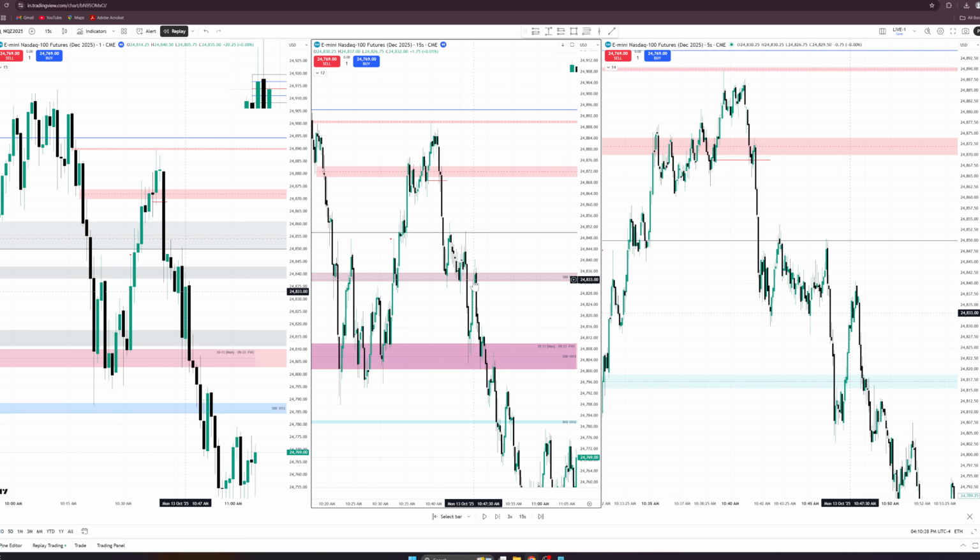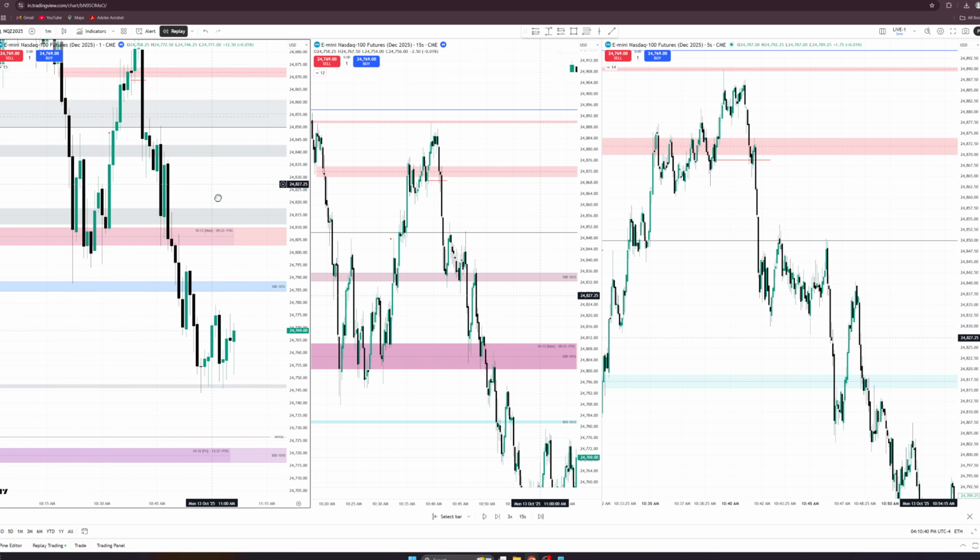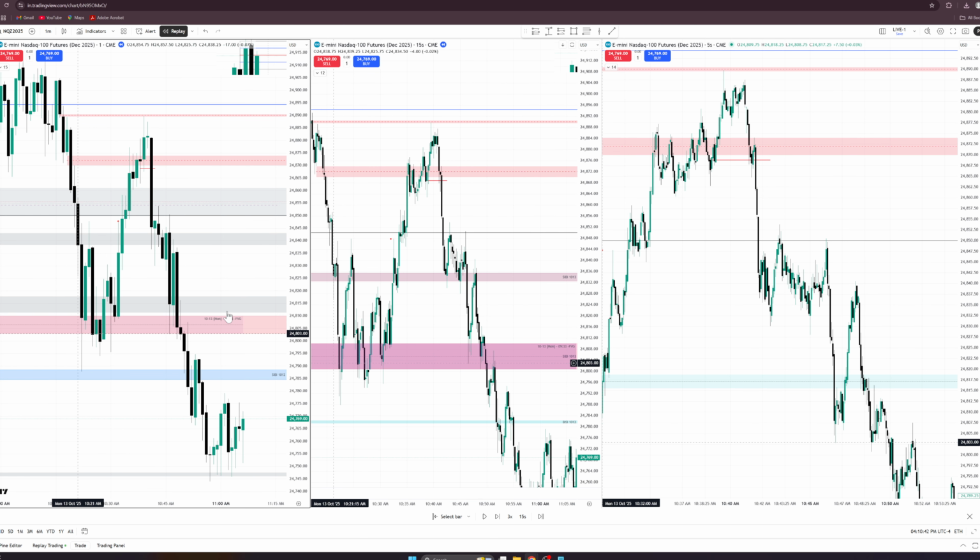So that is the reason I plot these first presented fair value gaps on multiple time frames, because you don't know on which time frame you will get the reaction. So now again we had this rejection, price came back into this first presented fair value gap. The bodies of the candle again never went above this, so this is a good sign.